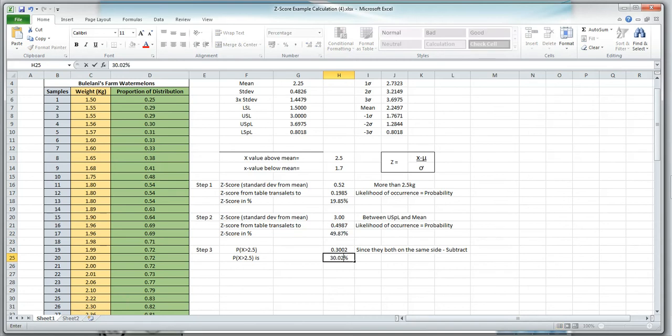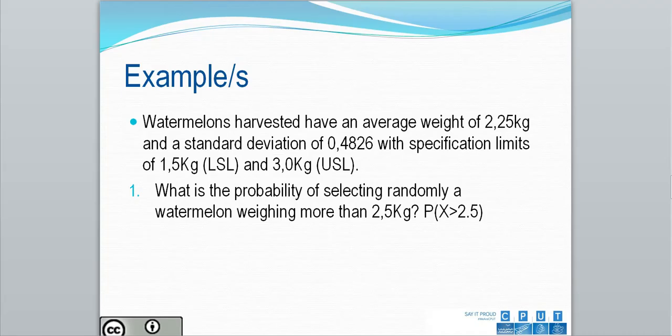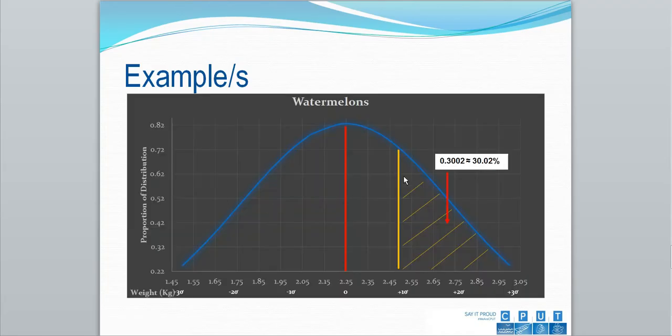So that means the probability of selecting a watermelon weighing 2.5 kilos and above will be 0.3002, which translates to 30.02%. So 30.02% of our data lies in that region, which is from 2.5 kilograms and above.